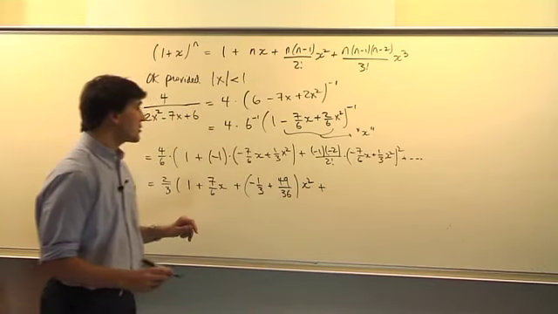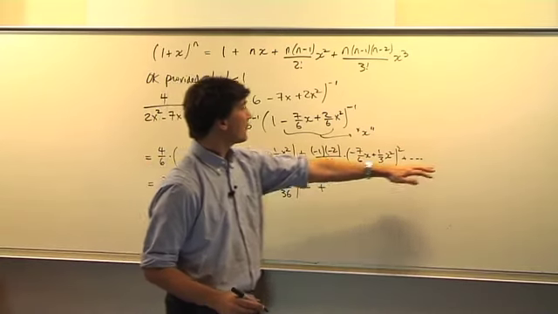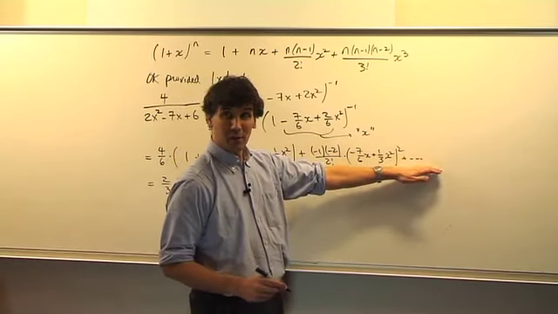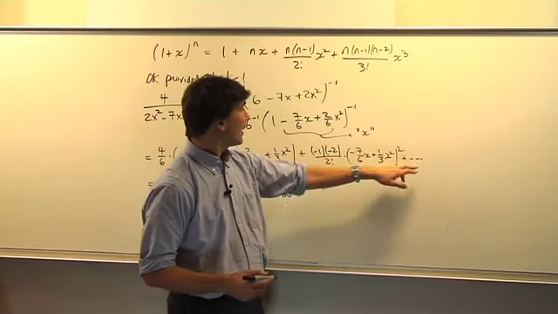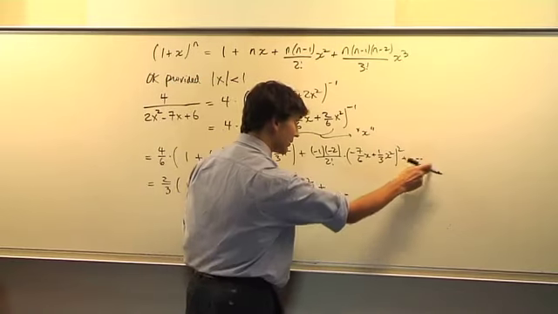How many x cubes do we have, just out of interest? Well, we've got some x cubes coming from here, but for the cubic term here that I haven't written down, there would be an x cubed contribution as well. So if you wanted to work that out, you'd have to include that term there.